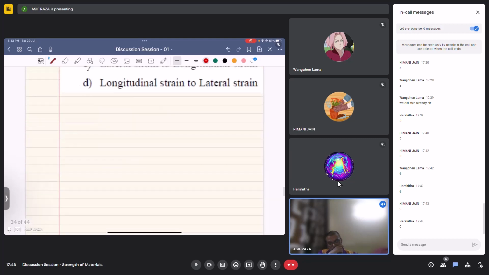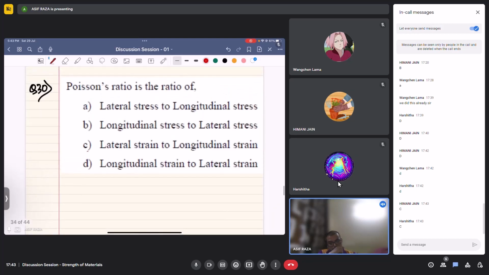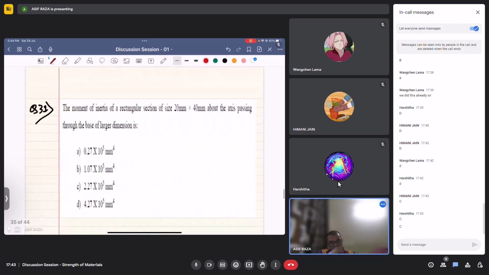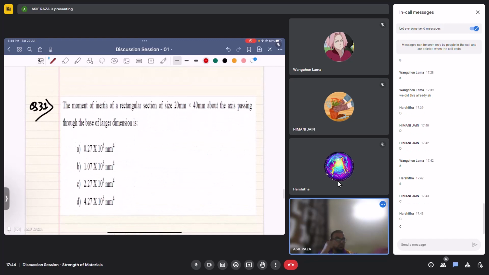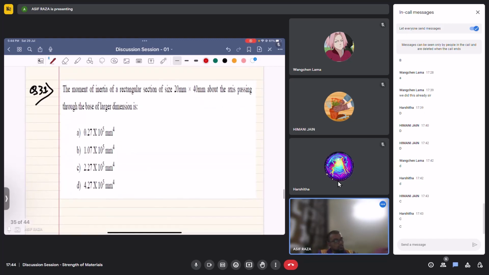This is also done, right? Poisson's ratio is the ratio of lateral strain to longitudinal strain. And this question is similar, but with a slight twist. We need to find the moment of inertia for a rectangular section of size 20 by 40 mm about the axis.